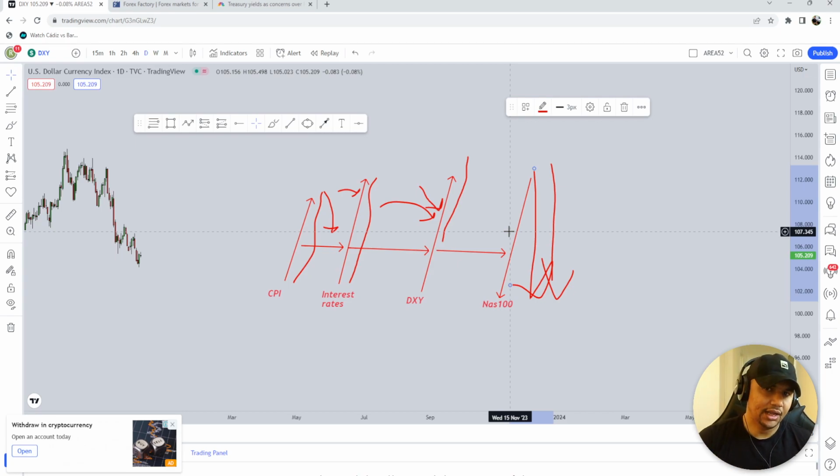Investors say, well, we're not interested in the dollar index anymore. Bye-bye, we're going to go. The stock market increases in value. Why? Because due to a lower interest rate hike, consumers now have a bit of money left available to once again spend on the companies listed on the Nasdaq 100. So that was a mouthful.